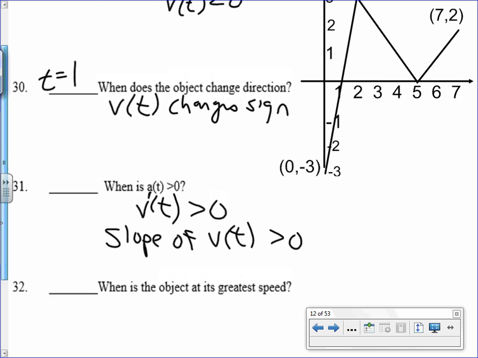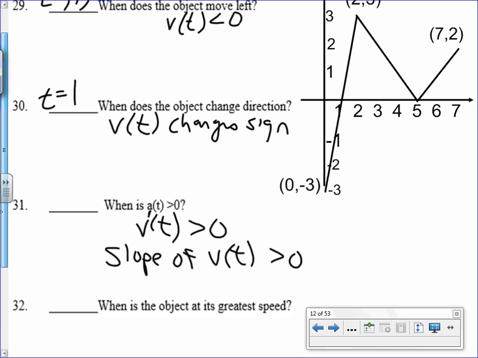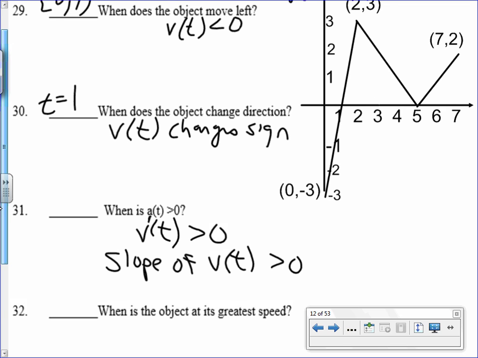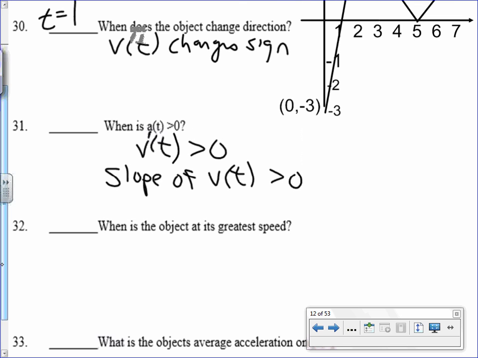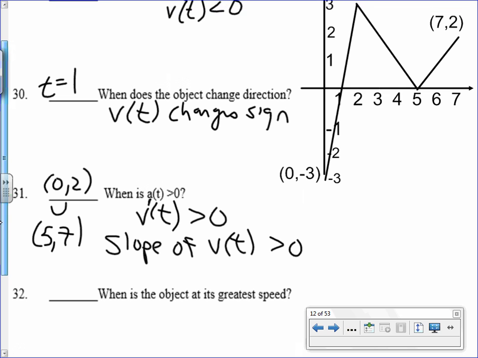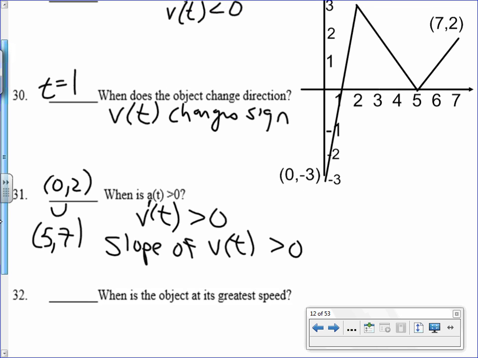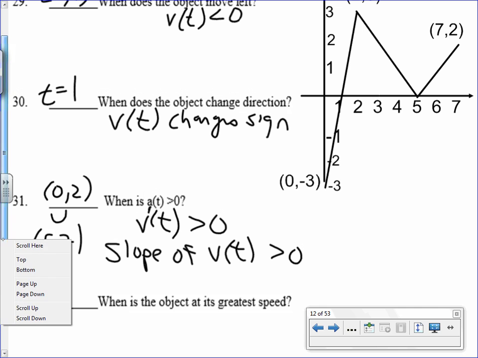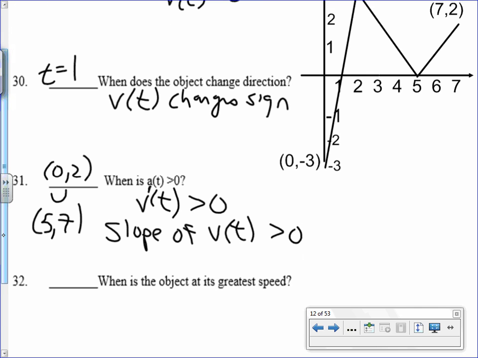So the slope is positive from 0 to 2 and 5 to 7. Let's see, I guess we could include the 0. The derivative doesn't exist at 2, doesn't exist at 5. If you want to include the 0, include the 0.